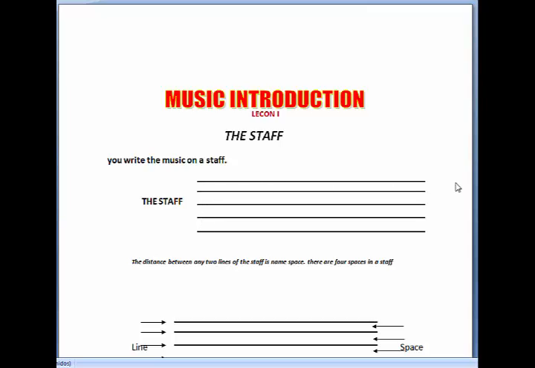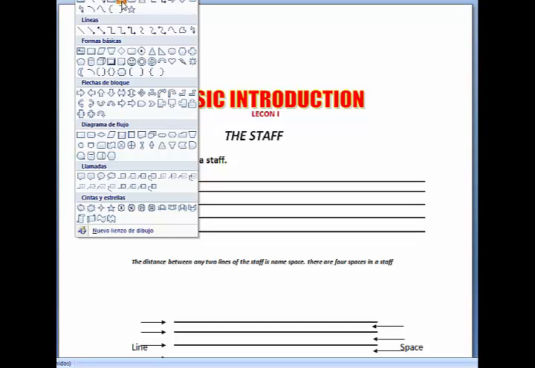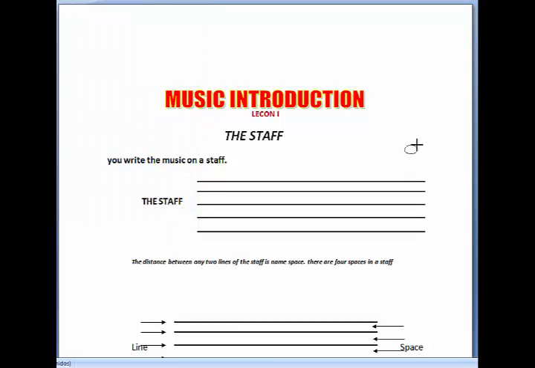This is a line. The space, the distance between any two lines of the staff, is called a space. That means this is the space. You see the distance between two lines. When you have one line and a second line, that distance is the space. Let me take this to show you.